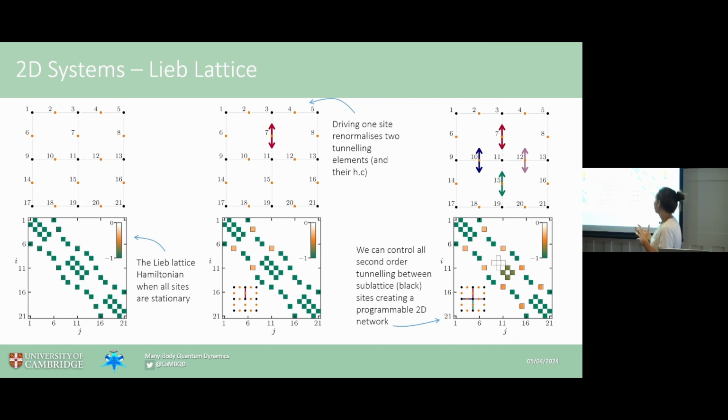And in this scheme, we can realize essentially an effective 2D square network with controllable tunnelings between these black sublattice sites. And we can characterize the tunneling between the black sites by the second order tunneling in the full Lieb lattice system.